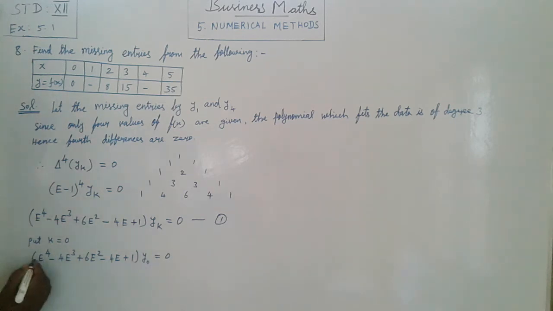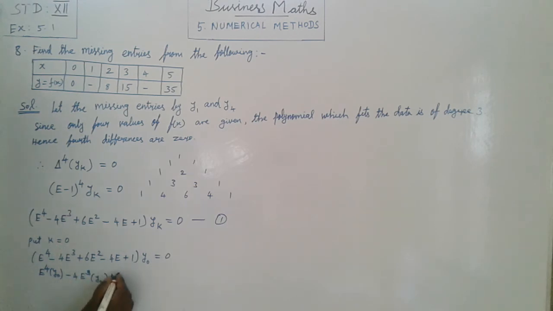So multiplying y naught: e power 4 of y naught minus 4 e cube of y naught plus 6 e square of y naught minus 4 e of y naught plus 1 into y naught equal to 0.